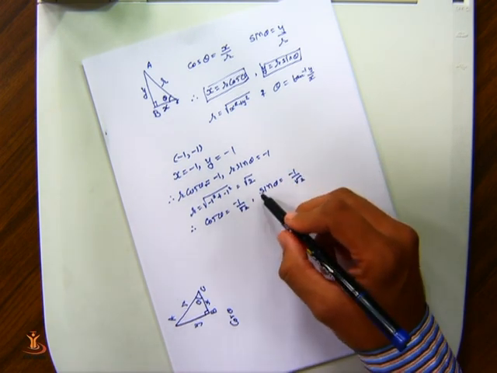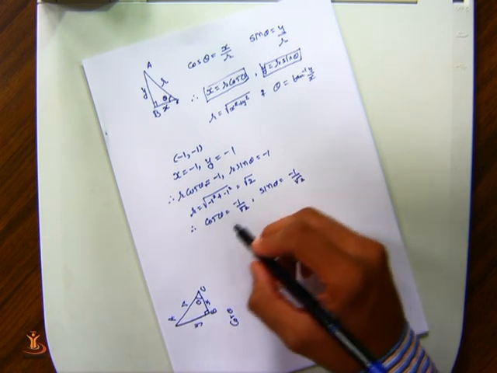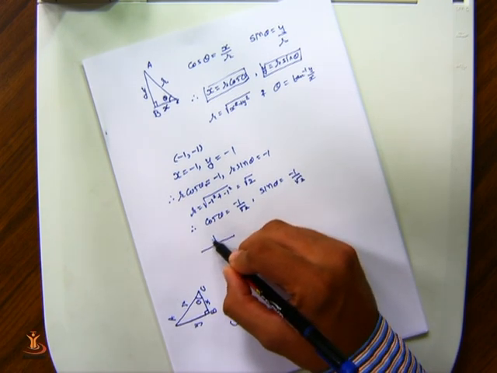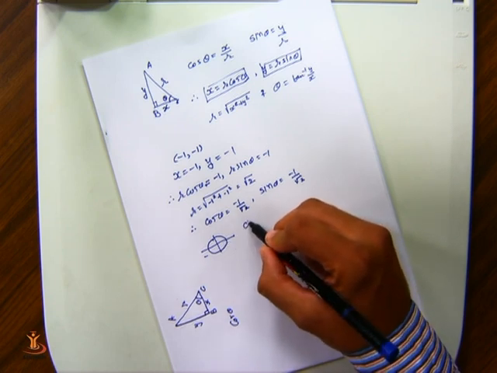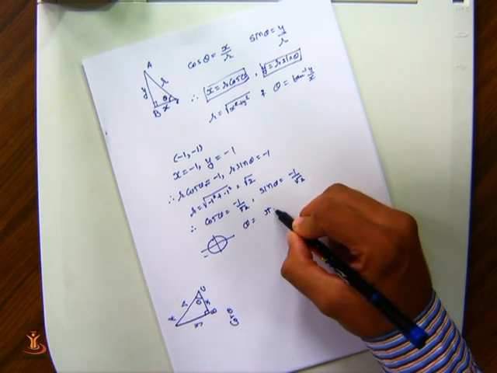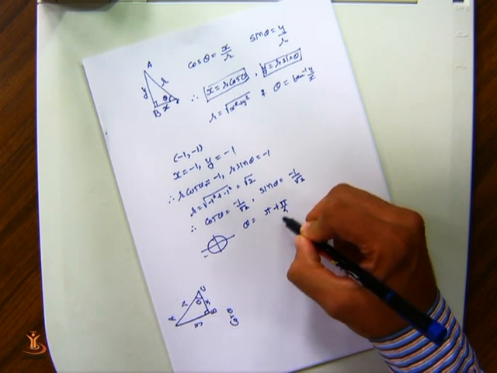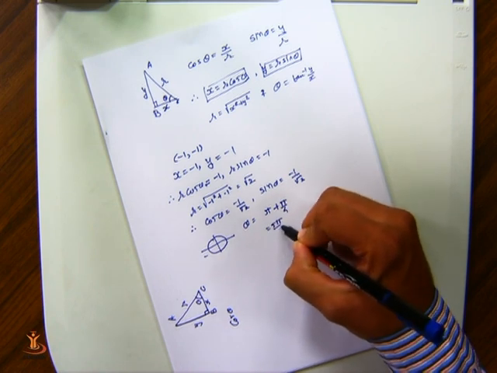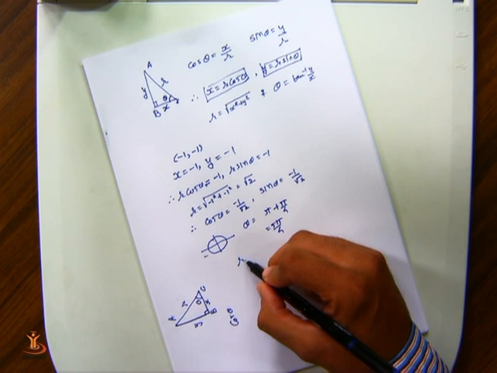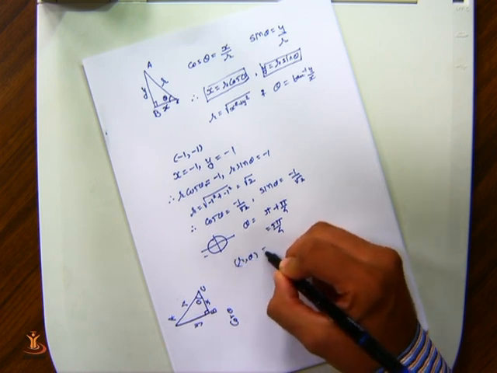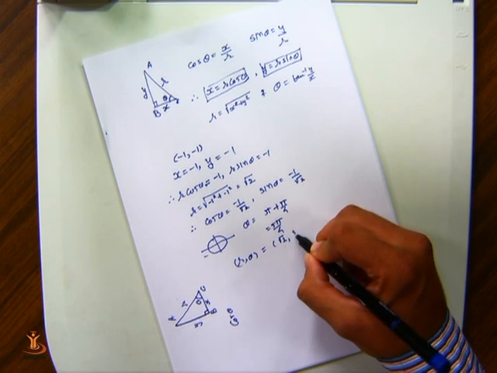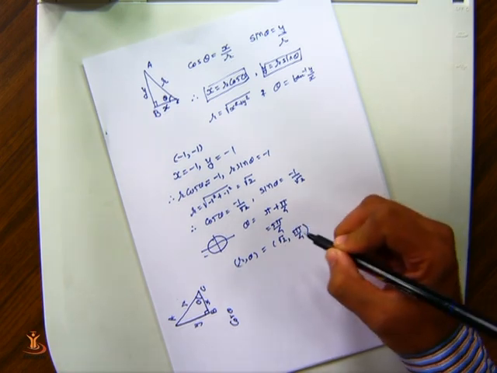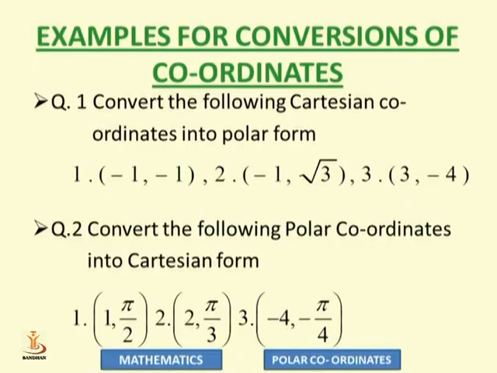As both the values are negative, the angle will definitely lie in the third quadrant, in which the value of theta is pi plus pi by 4. The answer will be nothing but 5 pi by 4. In short, the polar coordinates are (r, theta) equals (root 2, 5 pi by 4). For more understanding, let us take one more example for the same.